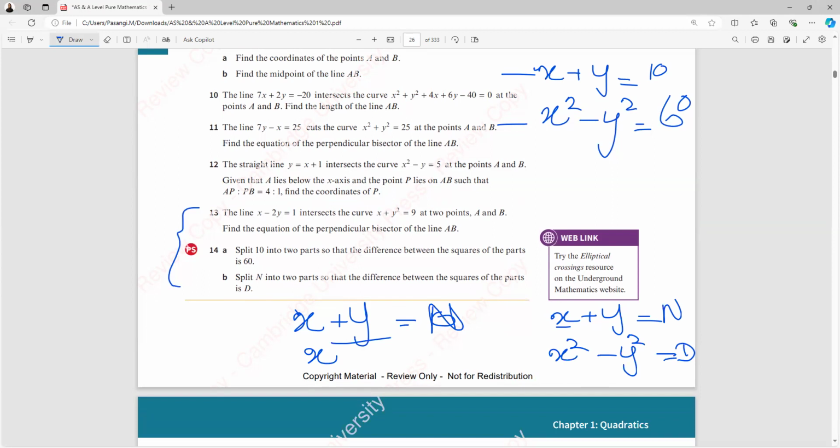Otherwise you can't have a proper value there, because all these terms are variables. So you can't have a proper value, but you can have an expression for that.